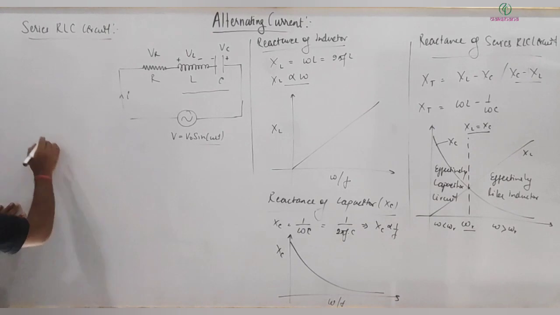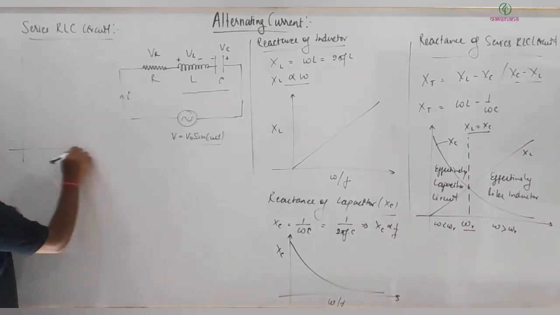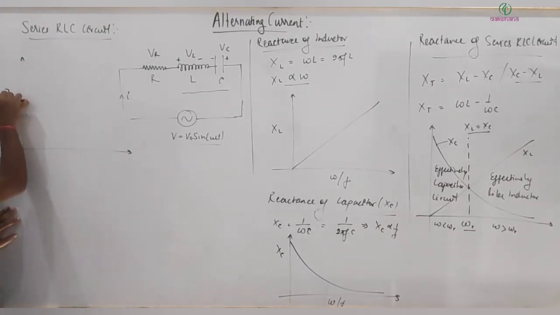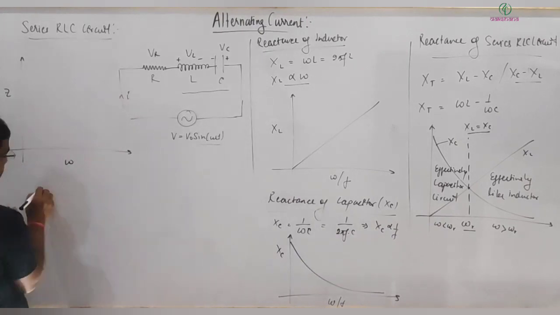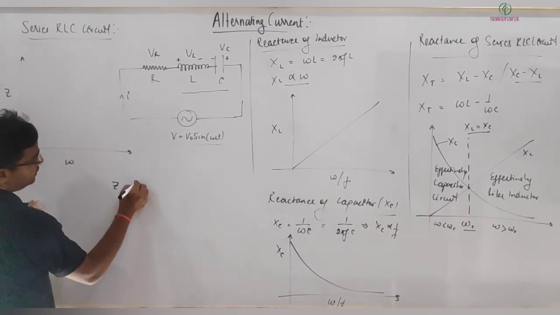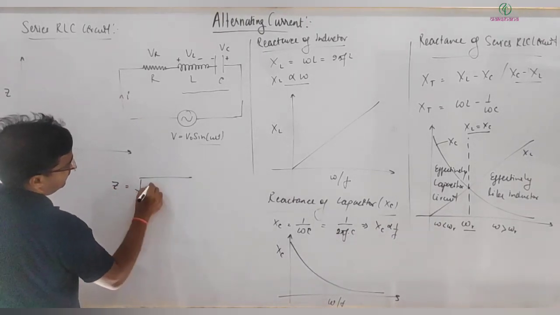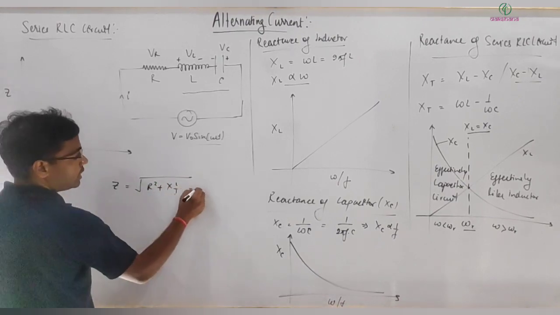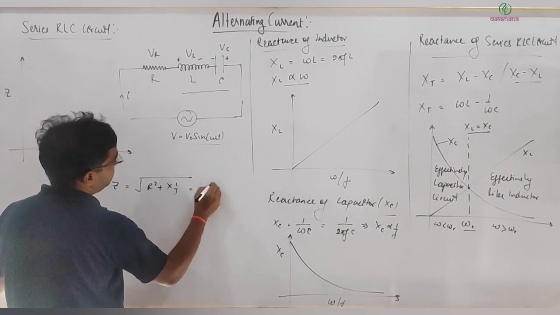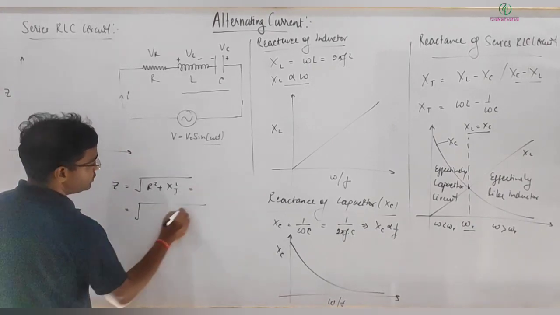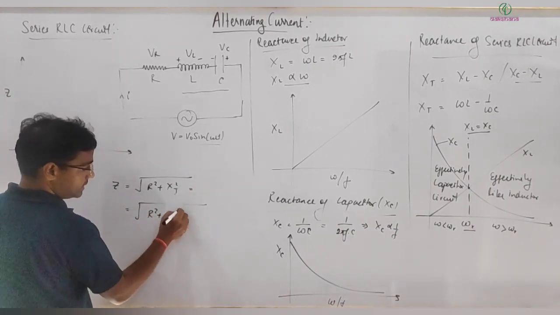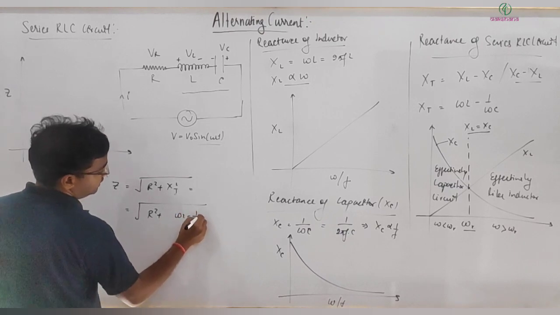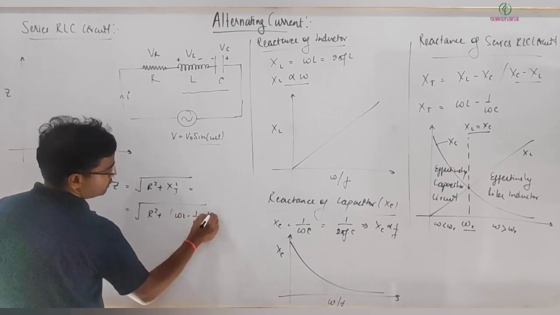Now I draw net Z versus omega, because we got Z is equal to what? Z is equal to under root R square plus X_T square, which is also equal to under root R square plus omega L minus 1 by omega C whole square.